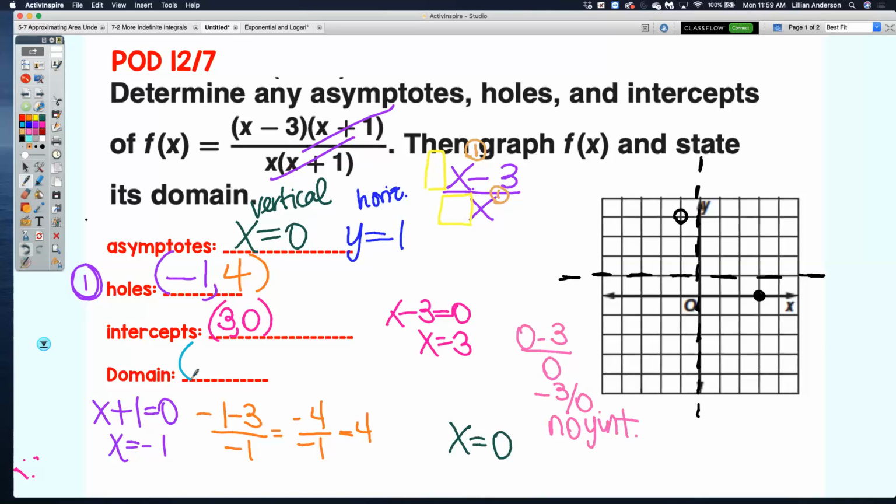In interval notation, that'll be -infinity to -1 with the parenthesis, connected with the union, -1 to 0, connected with the union, 0 to infinity. Everything except where it's -1 and 0.